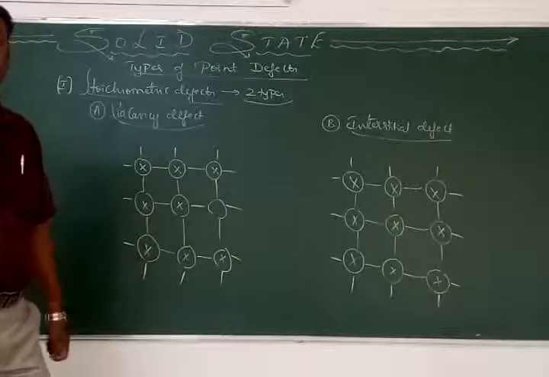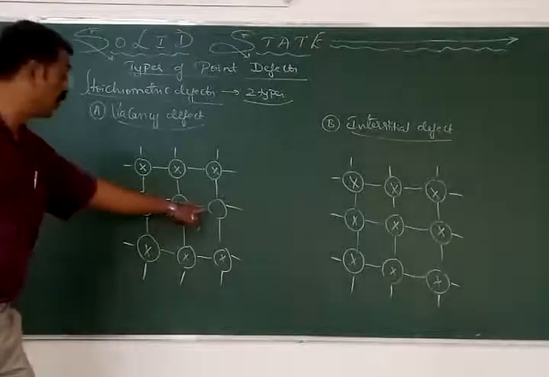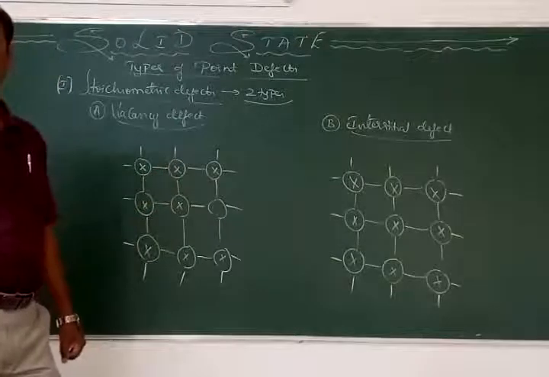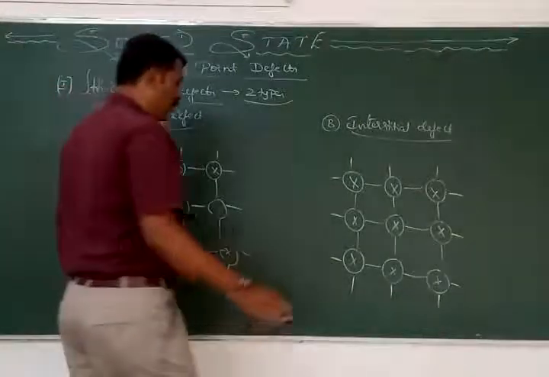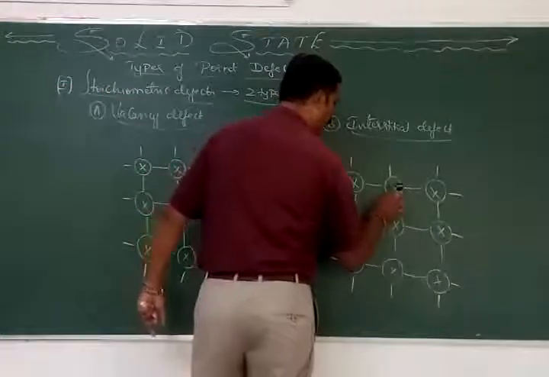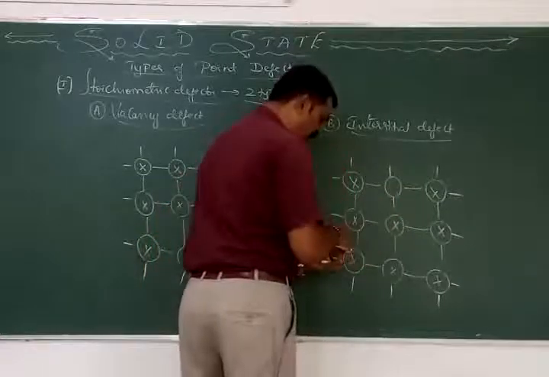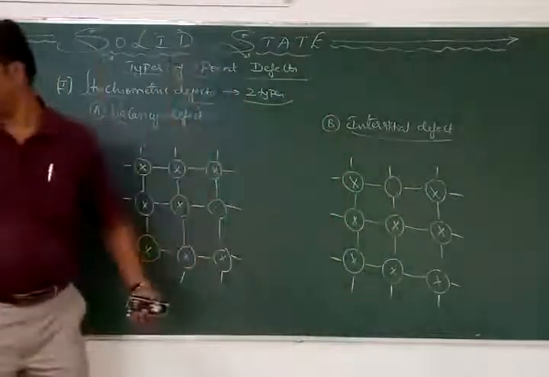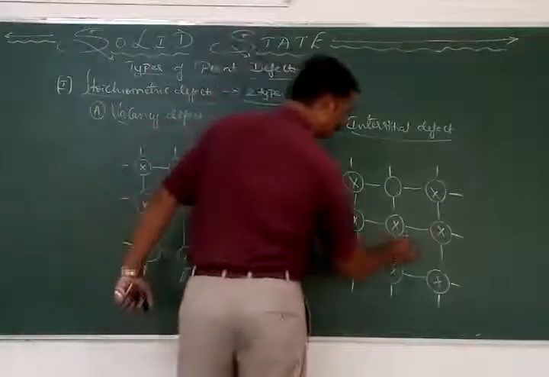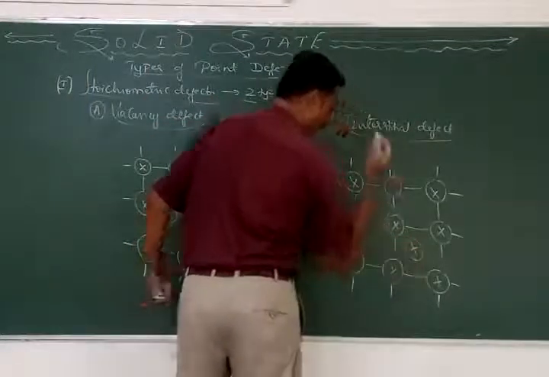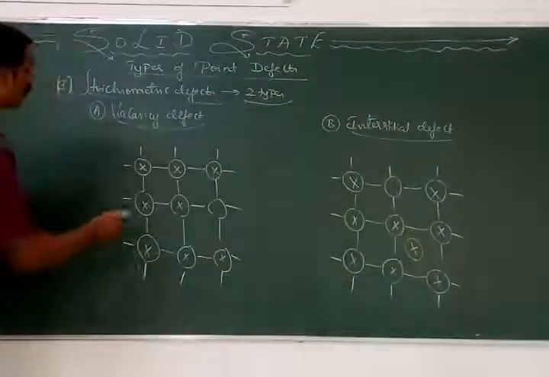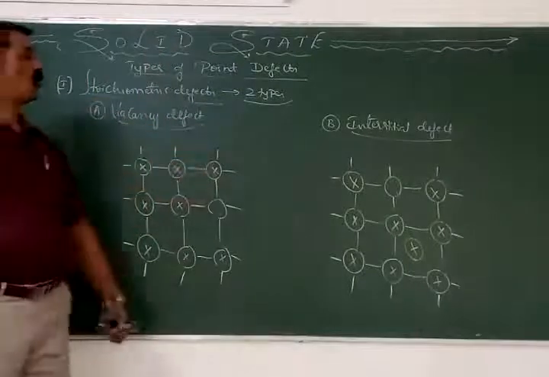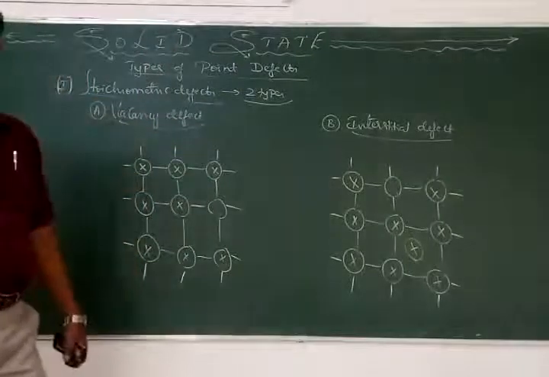Because there is no particle x in this particular position. Similarly, this one is not here, but it enters into here. This is called the vacancy defect, and that is called the interstitial defect.